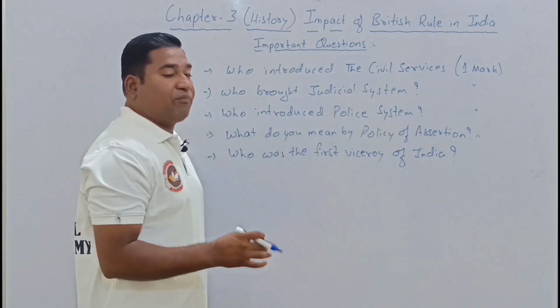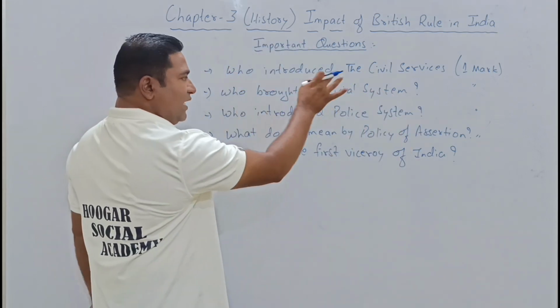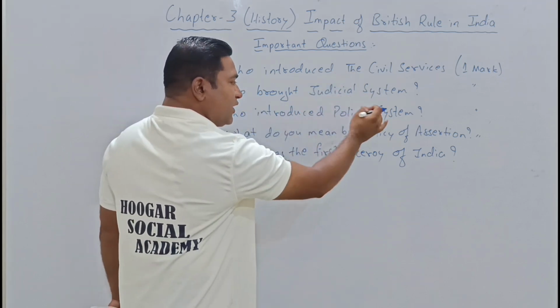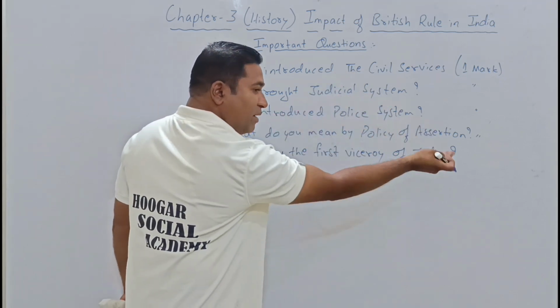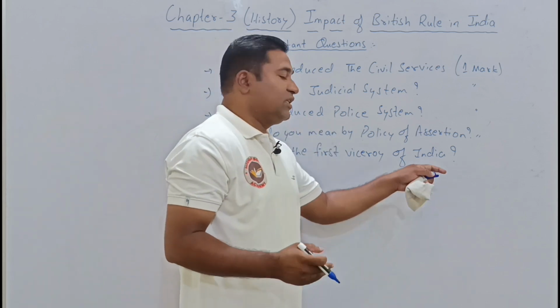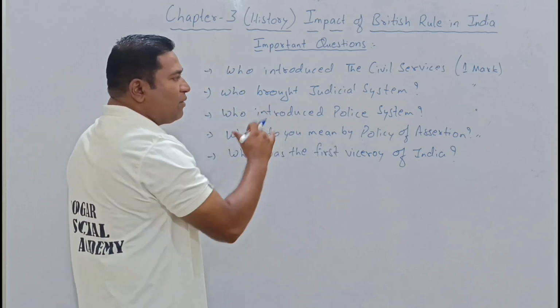These are the very important questions of 1 mark from this chapter. Again I repeat: who introduced the civil service, who brought the judicial system, who introduced the police system, what do you mean by policy of assertion, and who was the first Viceroy of the country called India. Okay, so these are the 1 mark questions.